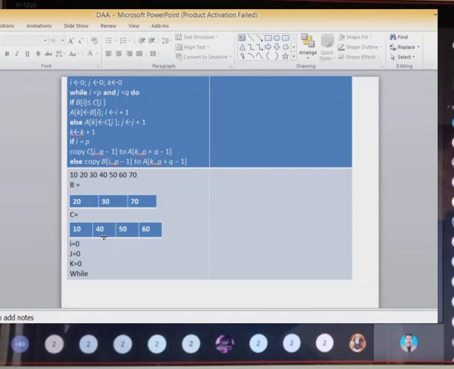This is the C array. Here, in the B array, consider the first value as i, right? And in the C array, the first value is j, right?